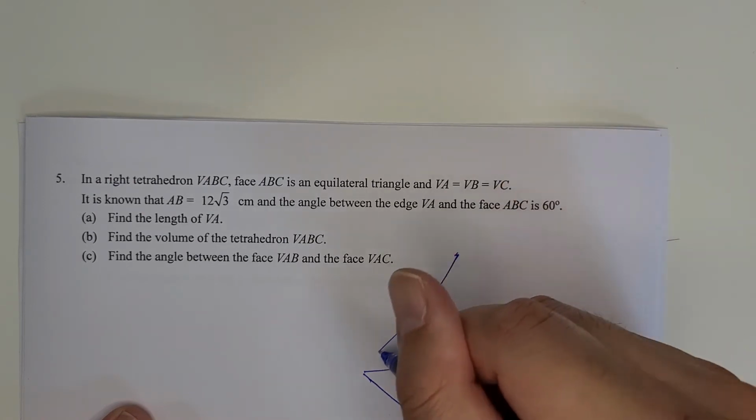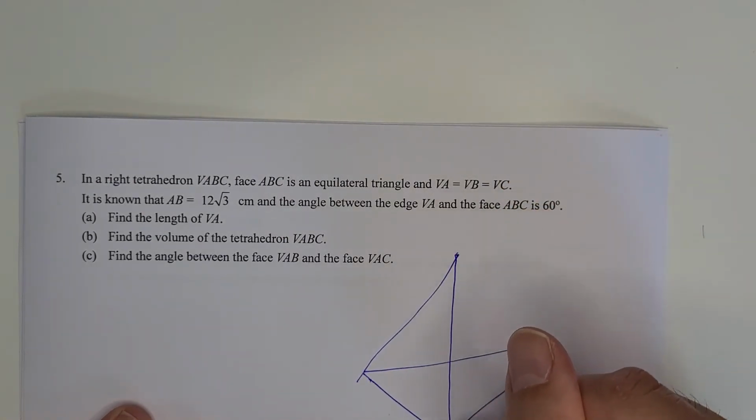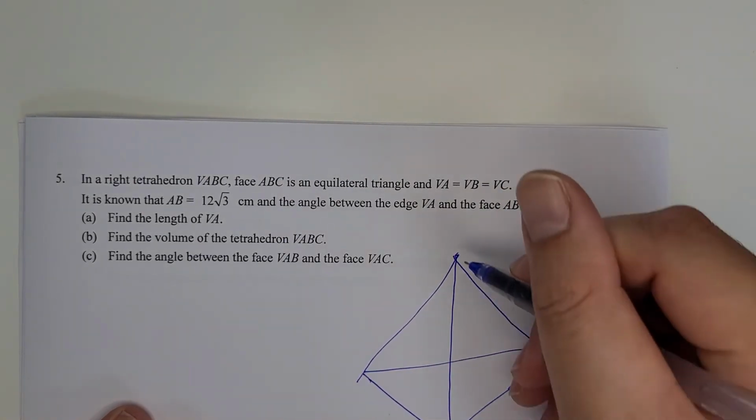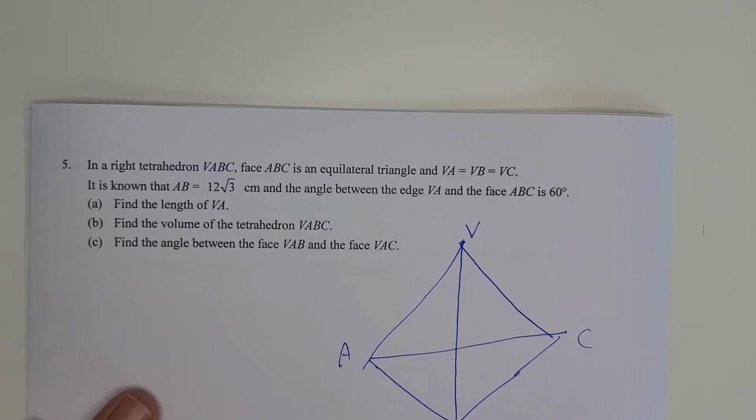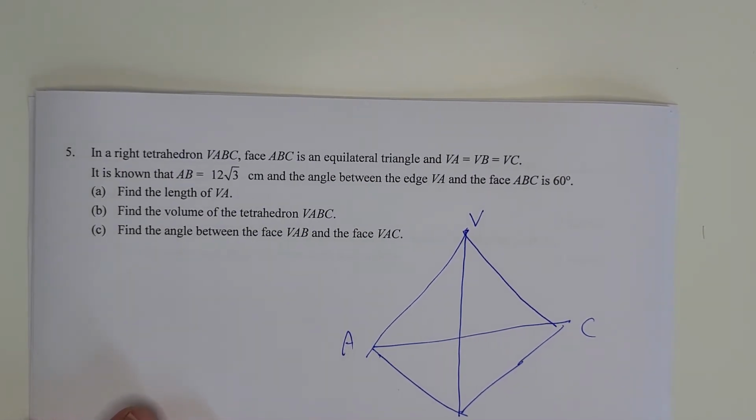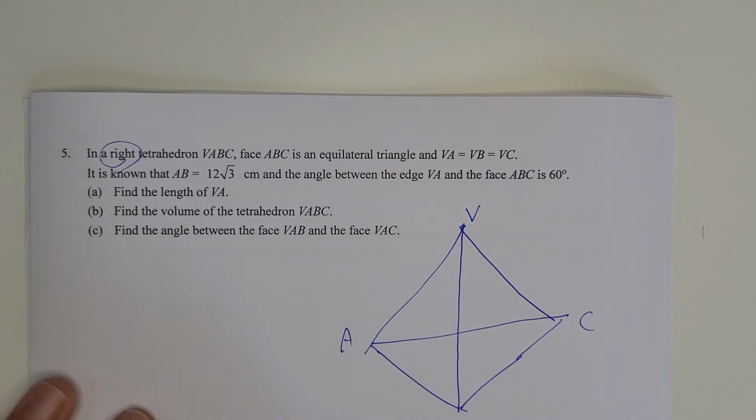First of all, we draw the tetrahedron first. Okay, that's V. I'll draw it as A, B, and C. All right. So what is the meaning of right tetrahedron?